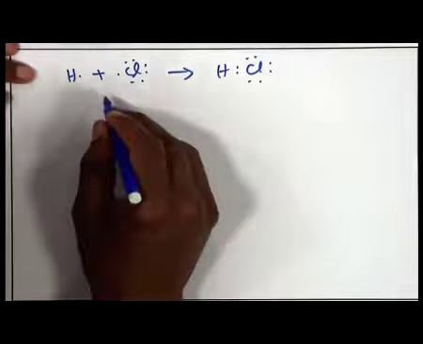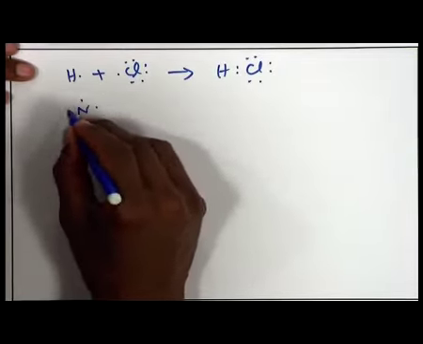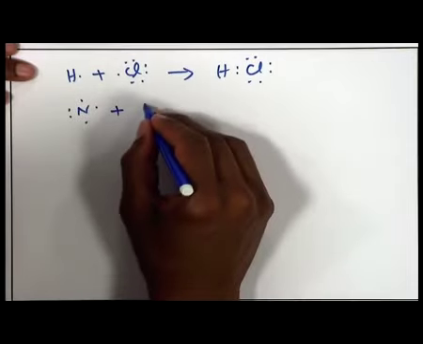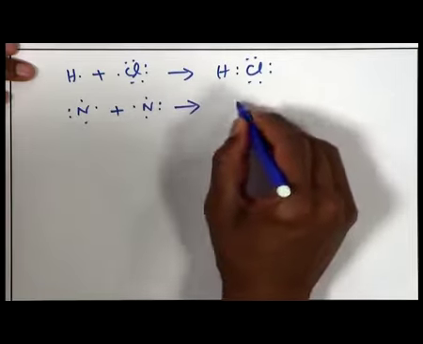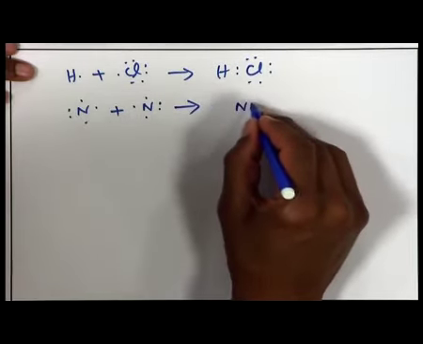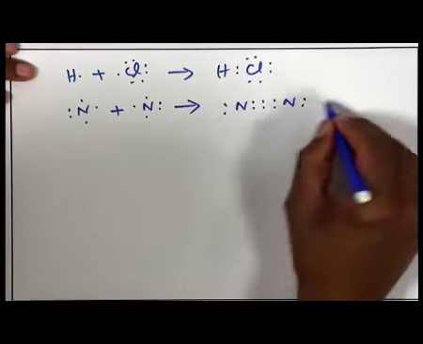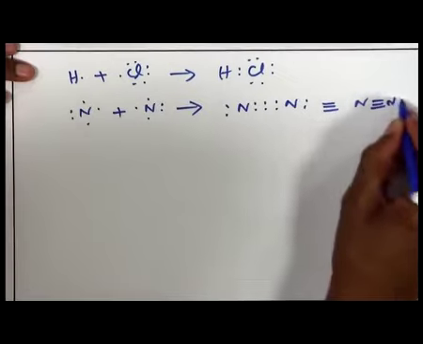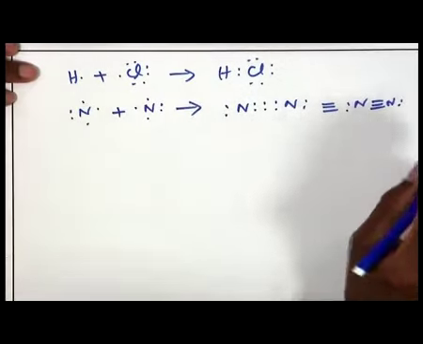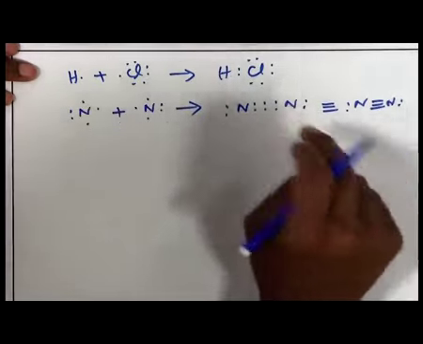Similarly, if you take nitrogen, 3 unpaired electrons are there. So, one nitrogen can combine with another nitrogen atom having 3 unpaired electrons to give 3 bonds between the 2 nitrogen atoms, N triple bond N. So, 3 covalent bonds are formed between 2 nitrogen atoms.